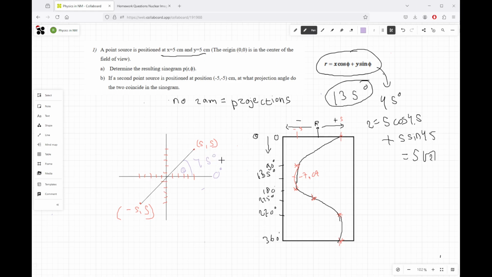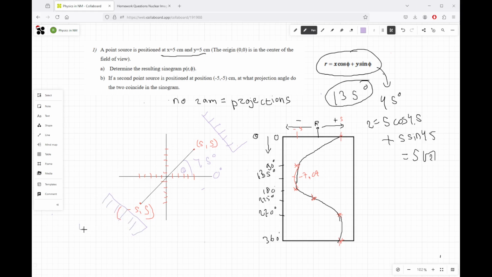However, you're not there yet, because we did a projection from 0 to 360 degrees, which means that indeed right here, at this angle, the two point sources coincide, but also right here, the two point sources coincide.